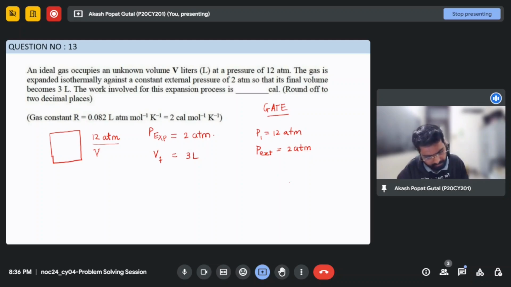When the expansion is happening, the final pressure becomes 2 atm, and the initial pressure is 12 atm.